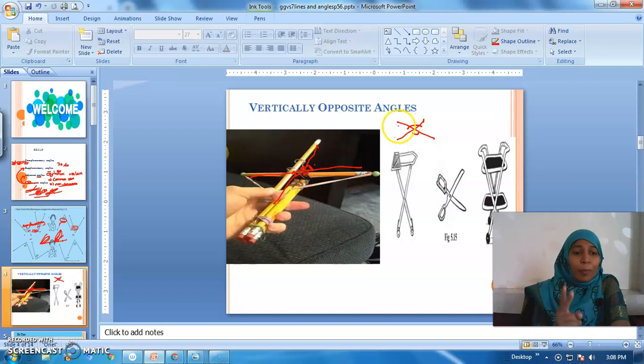We will have 2 pairs of vertically opposite angles. If one pair is obtuse, surely the other pair will be acute. Is it clear? You may come across such questions. See here in the scissor, this is an obtuse angle. These 2 are obtuse angles and they will be equal. Vertically opposite angles are equal. Here, this will be acute angles.